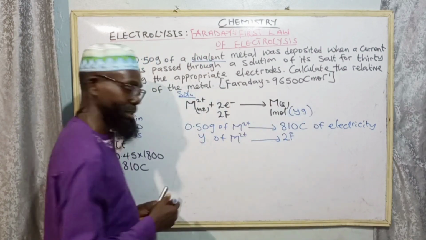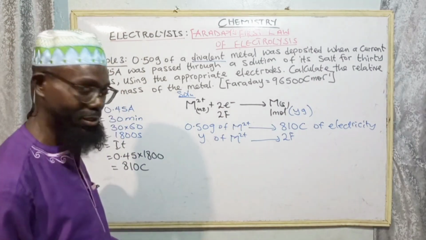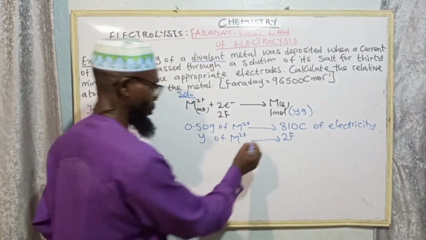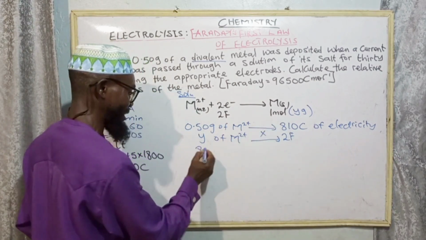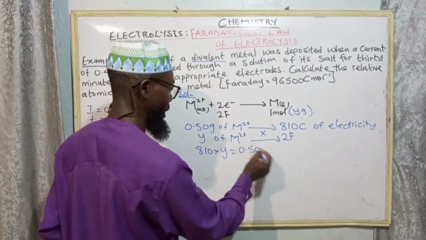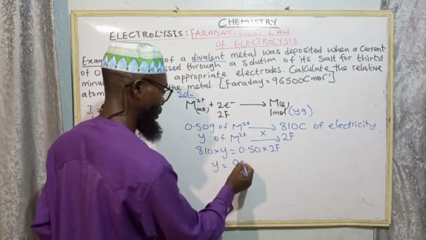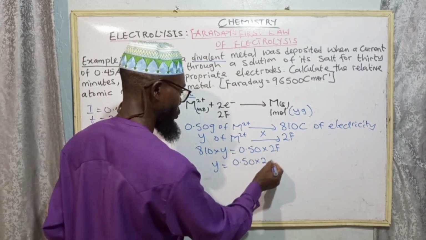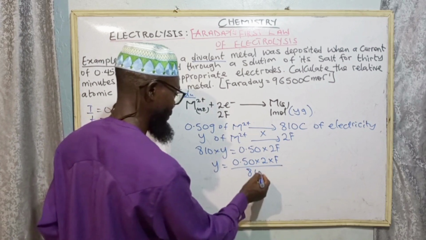The unknown mass is this, Y, equals 2 Faradays. Cross multiply from here, we are going to have this times this, 810 multiplied by Y is equal to 0.50 grams times 2 Faradays. Y will equal 0.50 times 2 times F divided by 810.